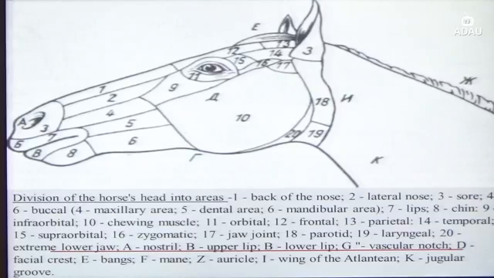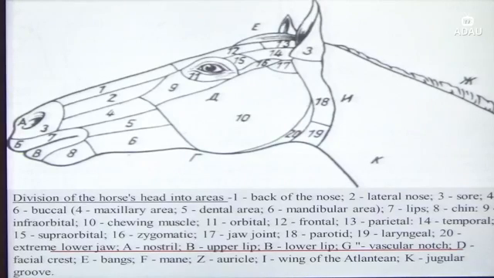Mandibular nerves are located here, maxillary nerves here, number 4 the maxillary area. And here we can see number 5, the dental area, and number 6, the mandibular area.